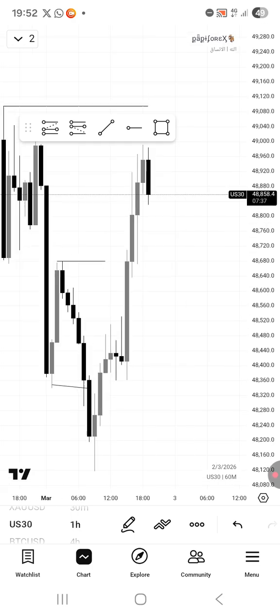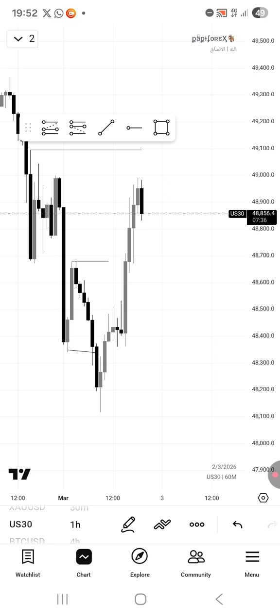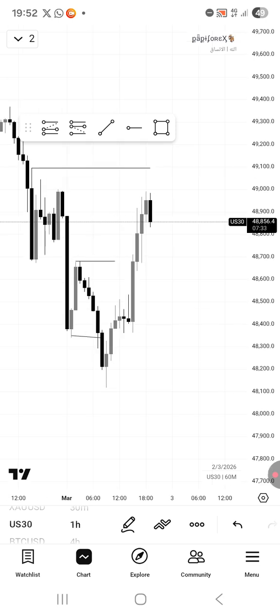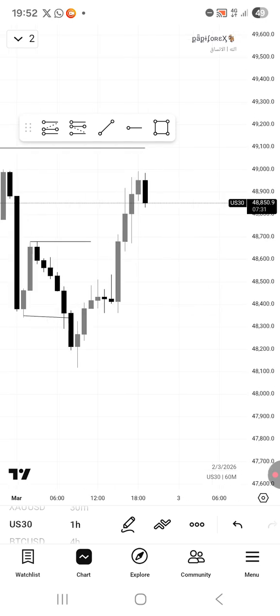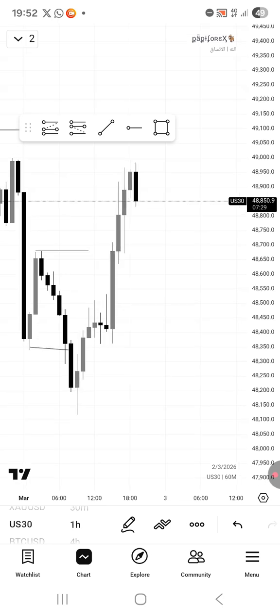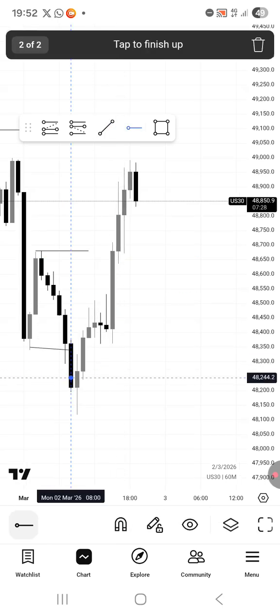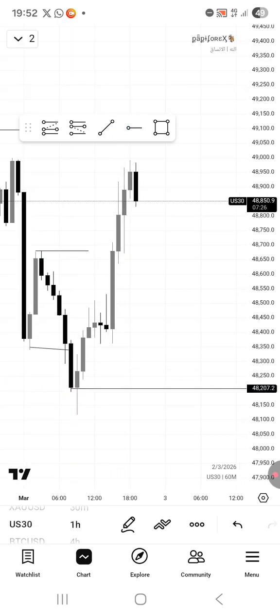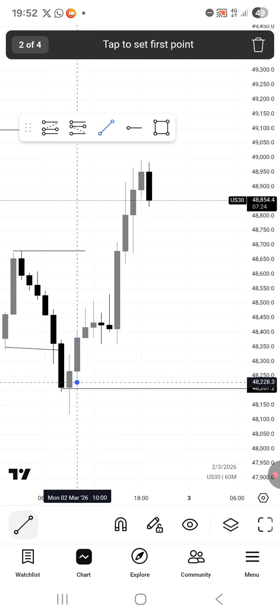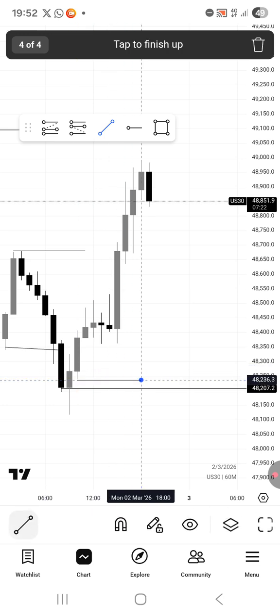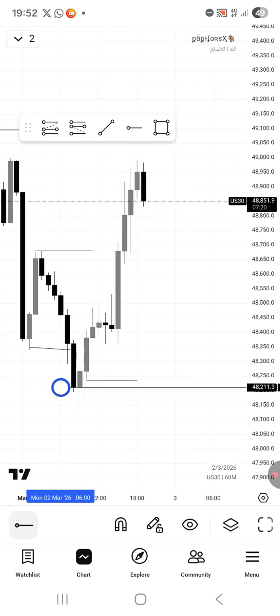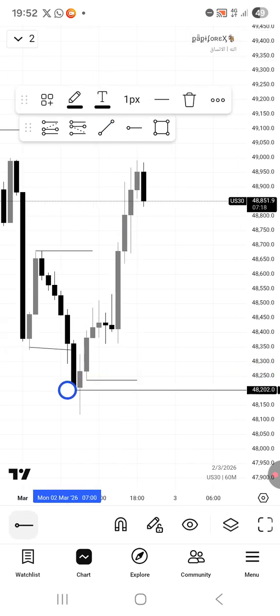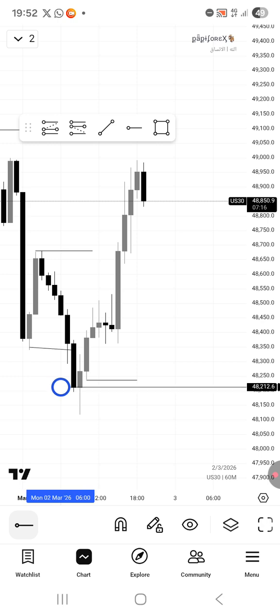So where will be my entry? I'll be waiting for price to come to this extreme level to sweep all this liquidity, then I will buy from here.